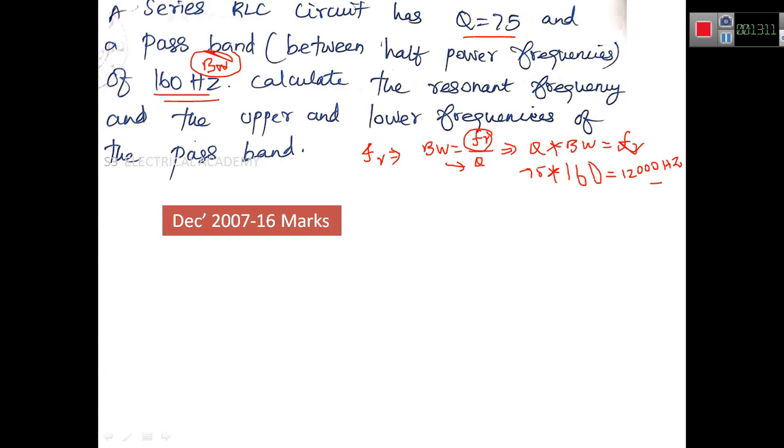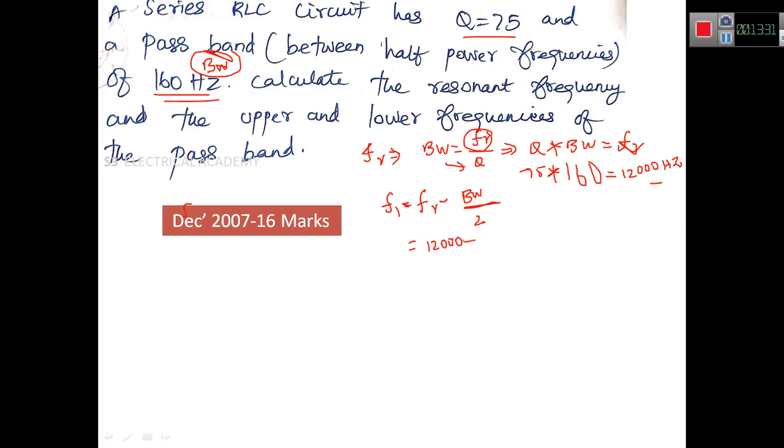Next, calculate the upper and lower cutoff frequencies. F1 is equal to the resonant frequency minus half of the bandwidth. Resonant frequency, just now we found, is 12 kilohertz, 12,000 hertz.